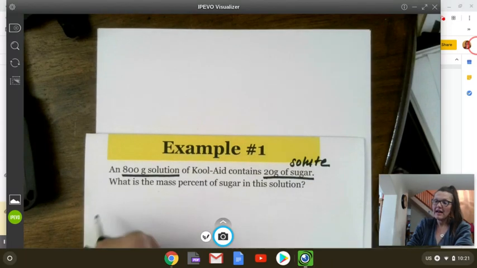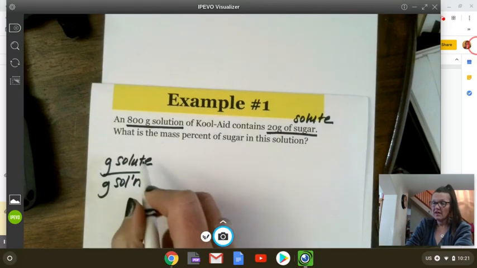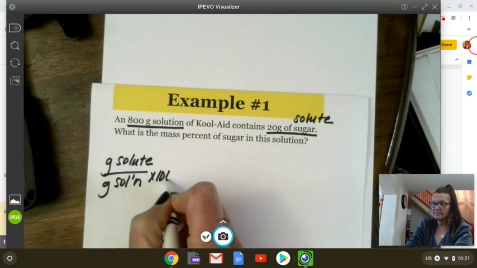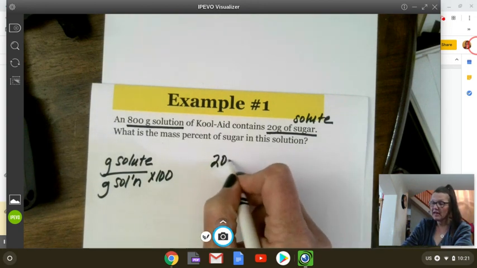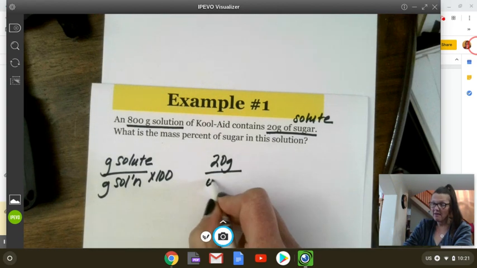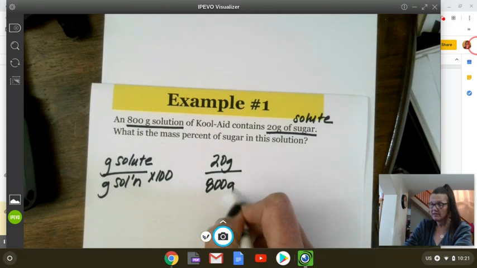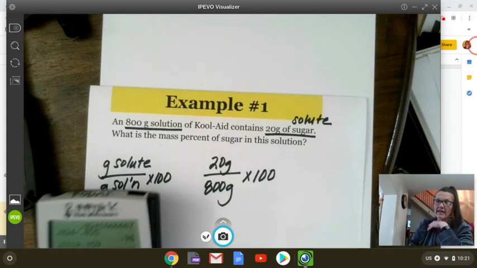Okay, so mass percent is equal to the grams of the solute divided by the grams of solution, and then, of course, you multiply by 100. So let's plug in our numbers. We know that we have 20 grams of solute. We're going to divide that by 800, and then we will multiply by 100, whatever we get.